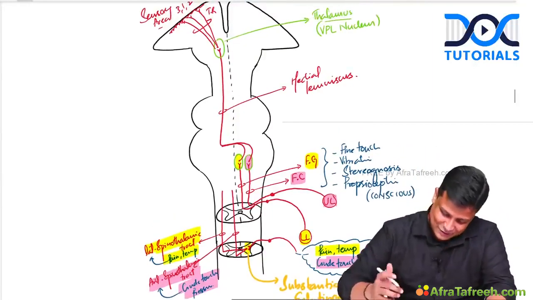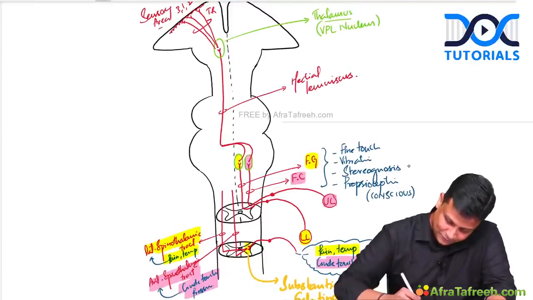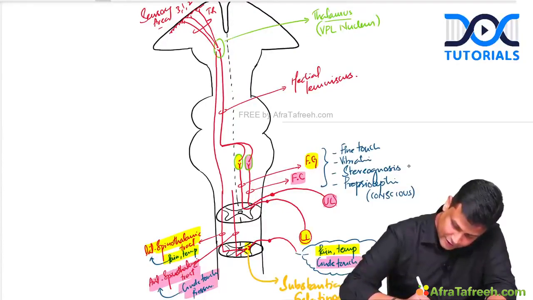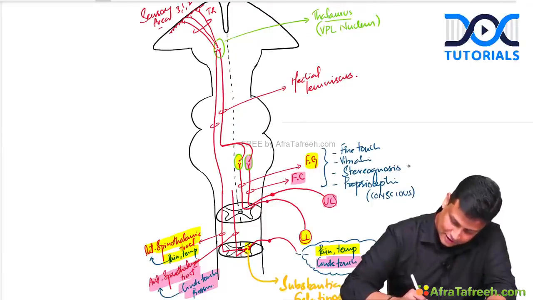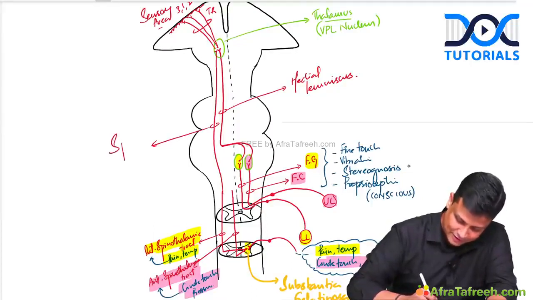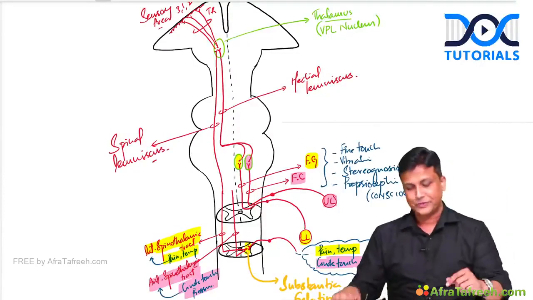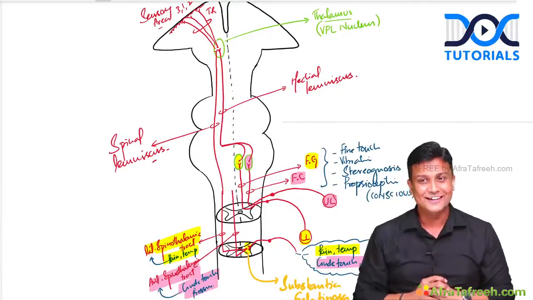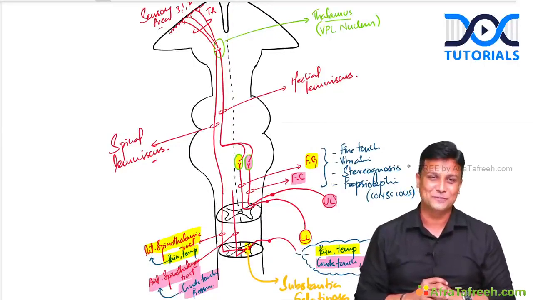है ना? So therefore, my dear friends, welcome here. The lateral spinothalamic tract is the one which is going to form a lemniscus, and that lemniscus will be the spinal lemniscus. So the spinal lemniscus is actually the continuation of the lateral spinothalamic tract.